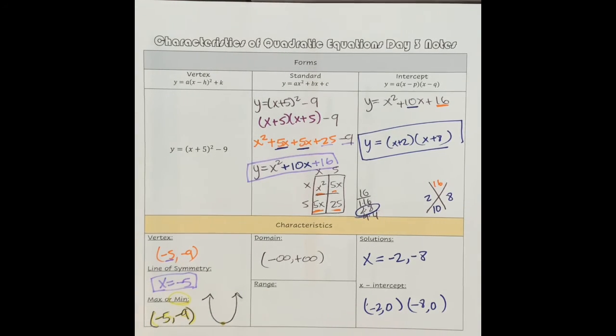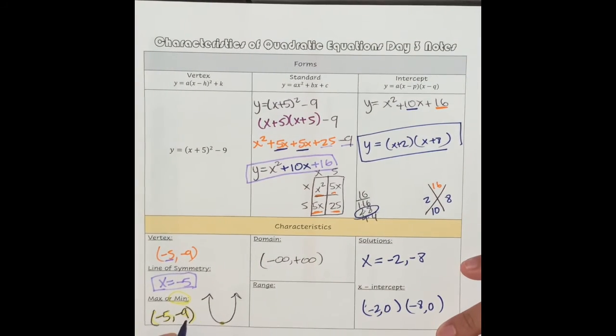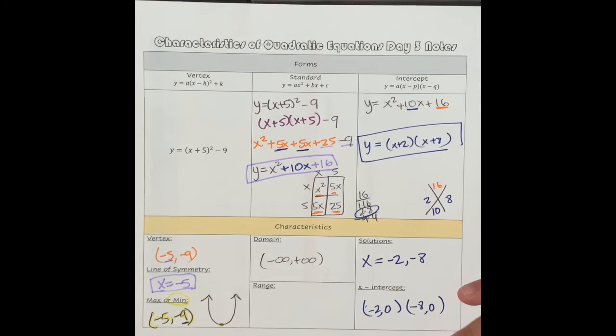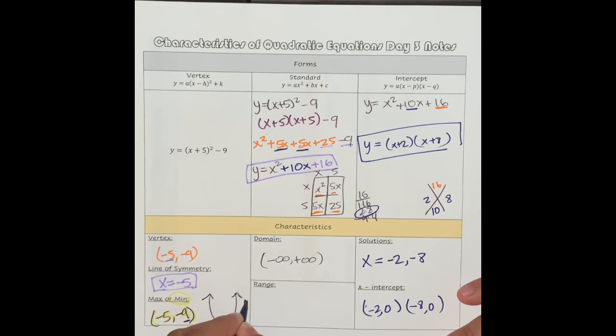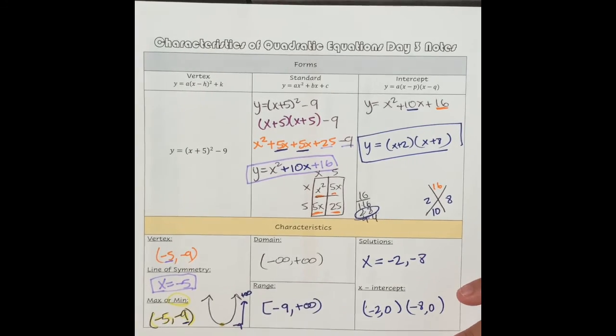And lastly, our range, same goes here. We still have a minimum, so that means we start with our y value for the vertex or minimum, and since we're going up to positive infinity, our range is from -9 to positive infinity.